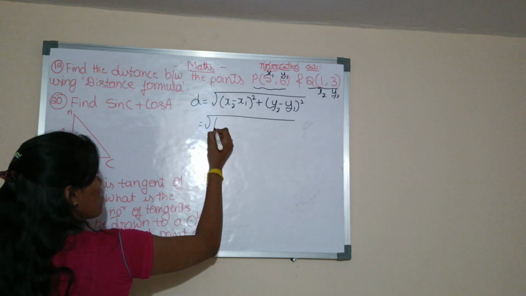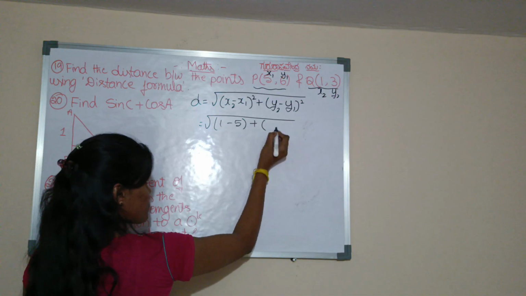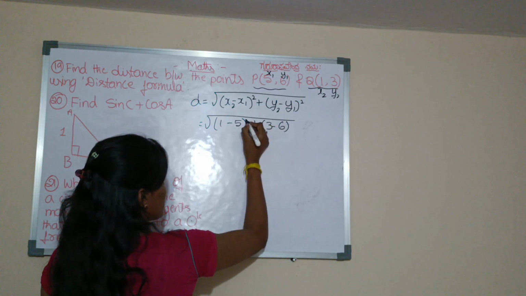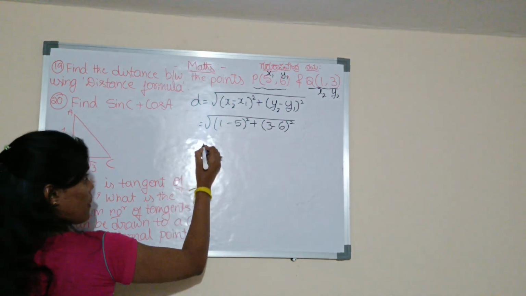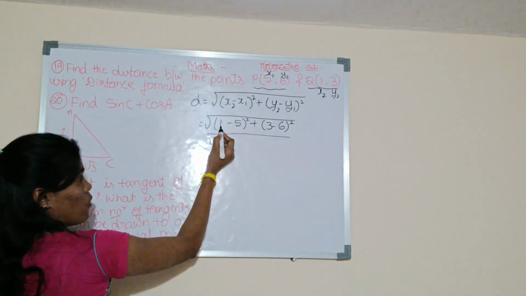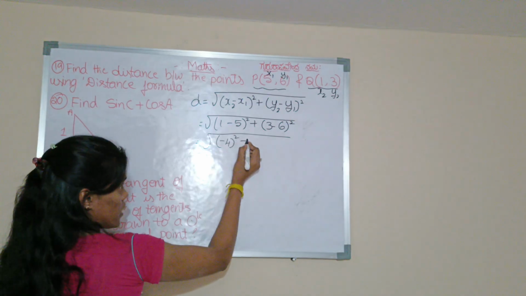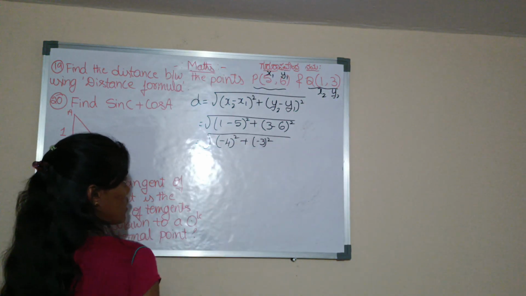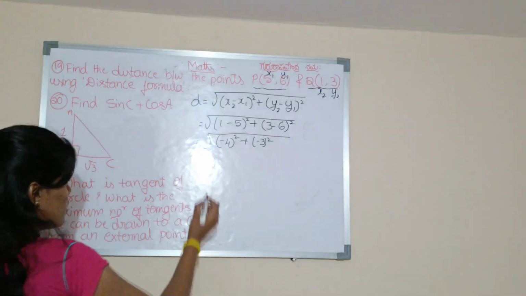x2 is 1 minus x1 5, plus y2 3 minus 6. Put it in square. Then square root of 1 minus 5, that is minus 4 whole square, plus 3 minus 6, minus 3 whole square. There is a square, so not at all a problem about the minus sign.